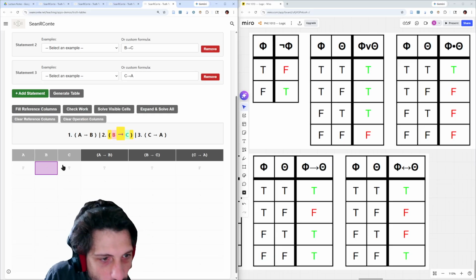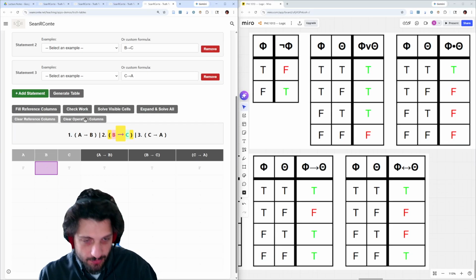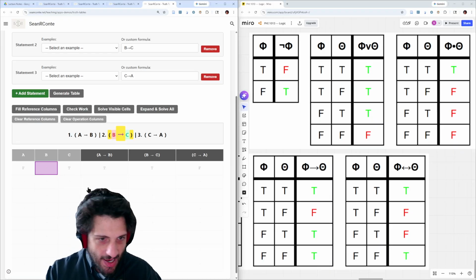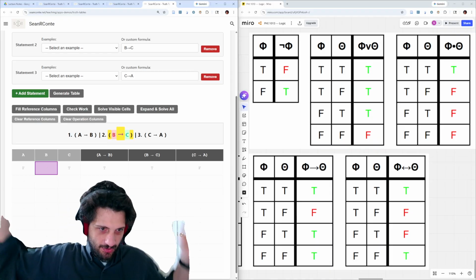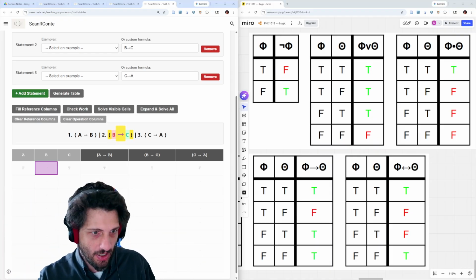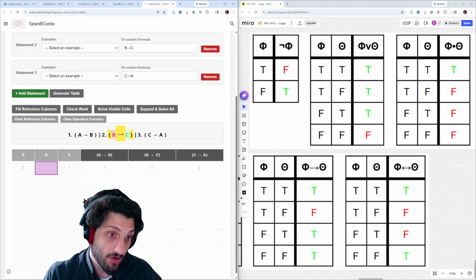So the way we should do this is, when we go through these things and find ourselves not forced into any situation, like I'm not sure if B should be false or true, what we're going to do is cover all of our bases.